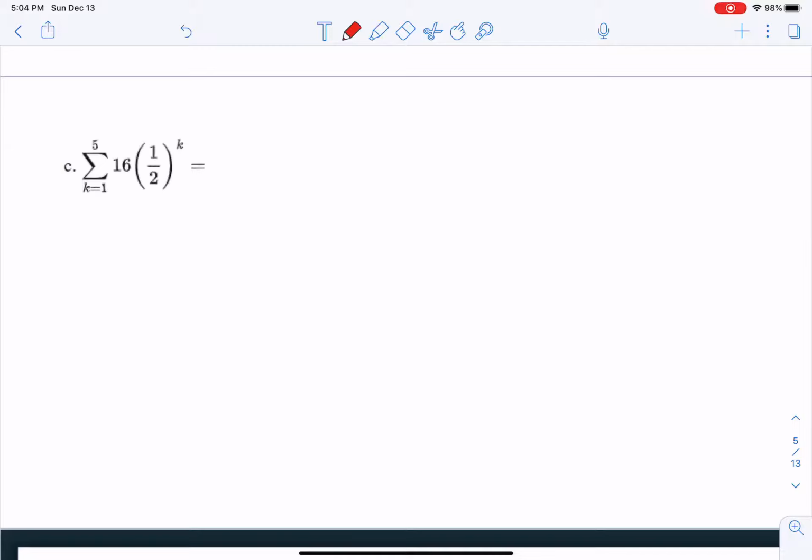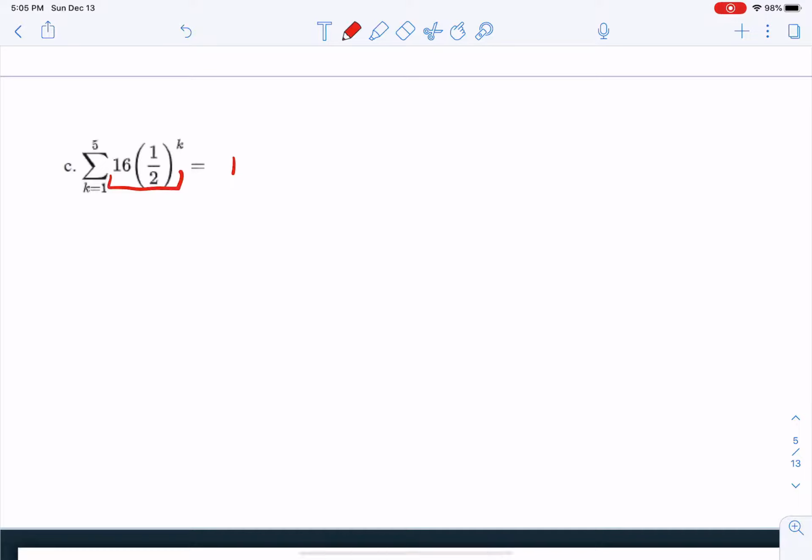Looking at the argument in letter C, the argument is 16 times 1/2 to the k power, with k going from 1 to 5.